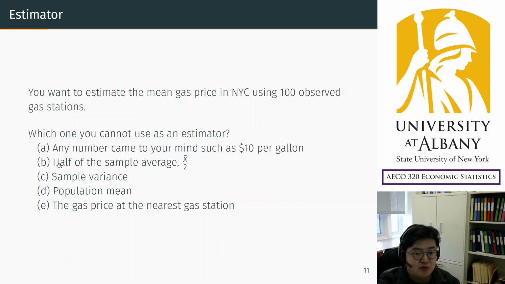For some reason, you divide the average by 2, like x bar over 2. C: sample variance. We are estimating the mean, but how about using variance? D: the population mean of the gas price, as if you observe everything. E: the gas price at the nearest gas station. There are 100 observations, but I don't care. I will use the gas station in front of me.